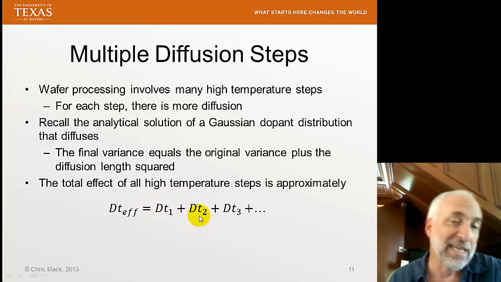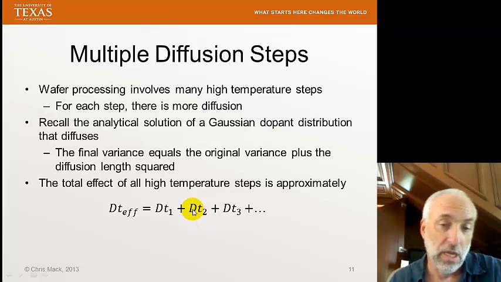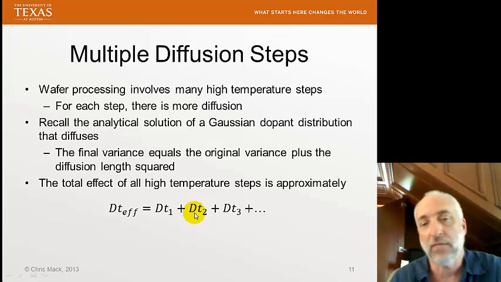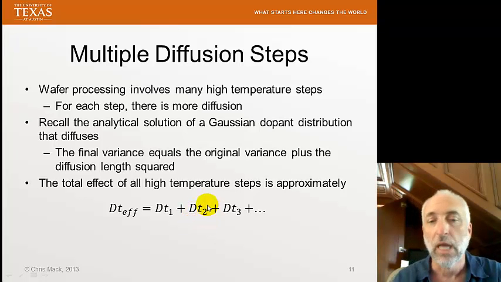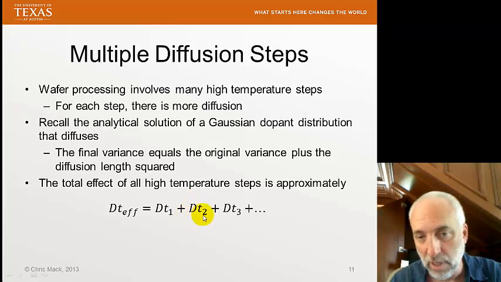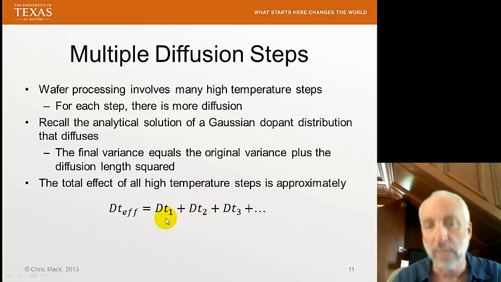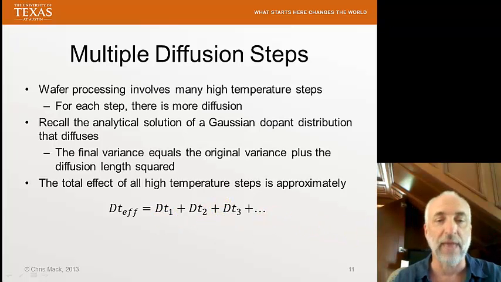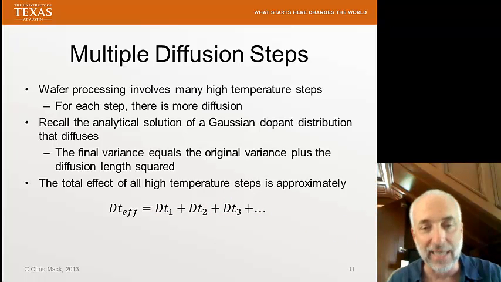Now I'd have a second processing step. That same dopant has some other diffusivity at a different temperature probably, and it has a length of time t2. So at that second step, I have a second Dt, and it adds to the first. And every high temperature process step after that, I simply add the Dt's together.